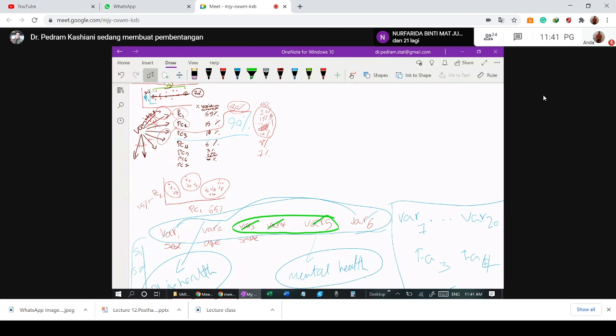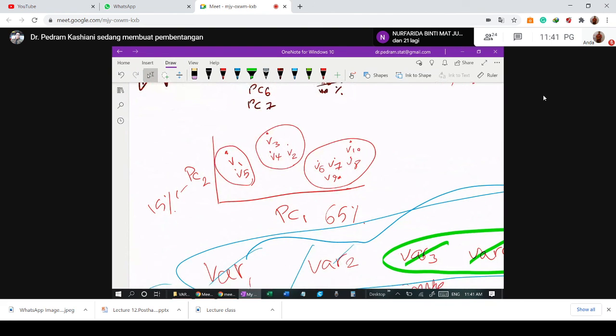So I can, for example, use PC1 and PC2. I draw PC1 and PC2, and after that, plot my varieties. After that, I can say, okay, this is one group, this is one group, this is one group. So my varieties fall into 3 groups.